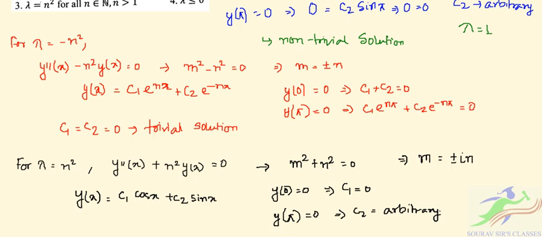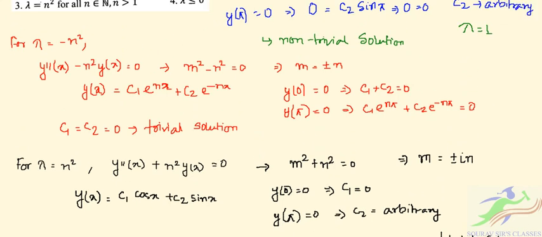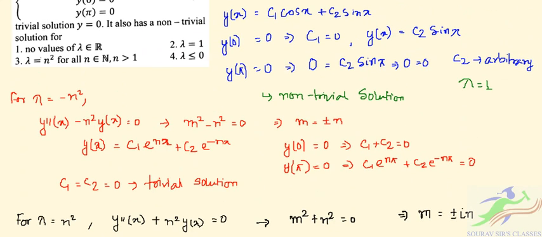So we have y(x) equal to c2 sin nx, which is a non-trivial solution. So in our case option 3 is correct. We have lambda equal to 1 as one option with a non-trivial solution, so option 2 is there. And for lambda equal to n square, for all n belonging to the natural numbers with n greater than 1, these two options are the correct options.